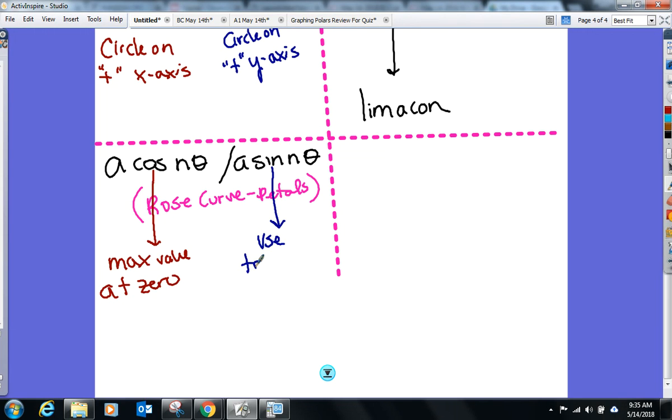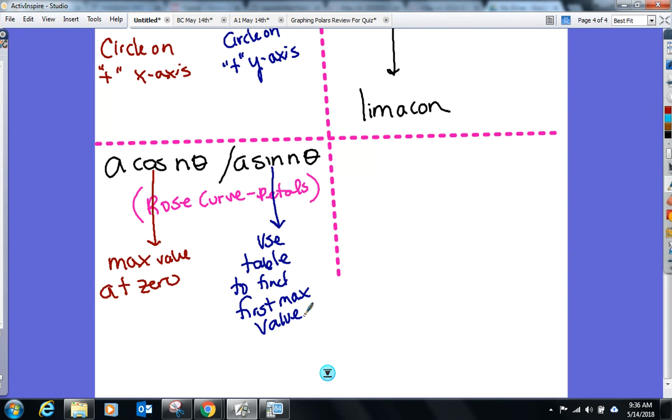And I will work with you today to get that done. These are the only types where you don't have to fill in the table completely. The limacon and the circle, you should be filling out your table completely to figure out where your points are. But for the rose petals, I will not expect you tomorrow to fill in a complete table.